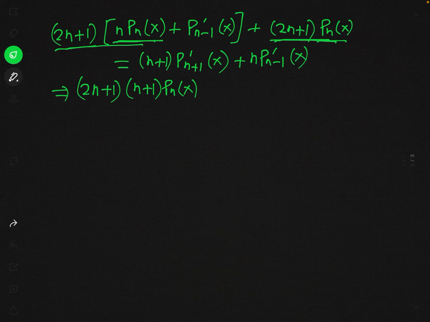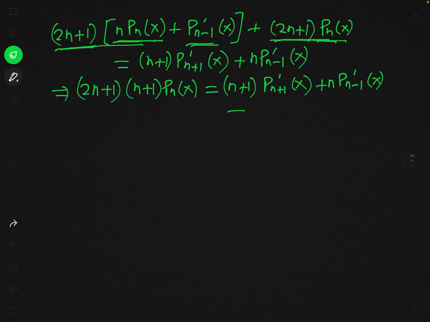And now take this term, that is 2n plus 1 into Pn minus 1 prime of x into RHS. So what will be the result? This is n plus 1 into Pn plus 1 prime of x and plus n into Pn minus 1 prime of x and minus, now take this term 2n plus 1 into Pn minus 1 prime of x into RHS.